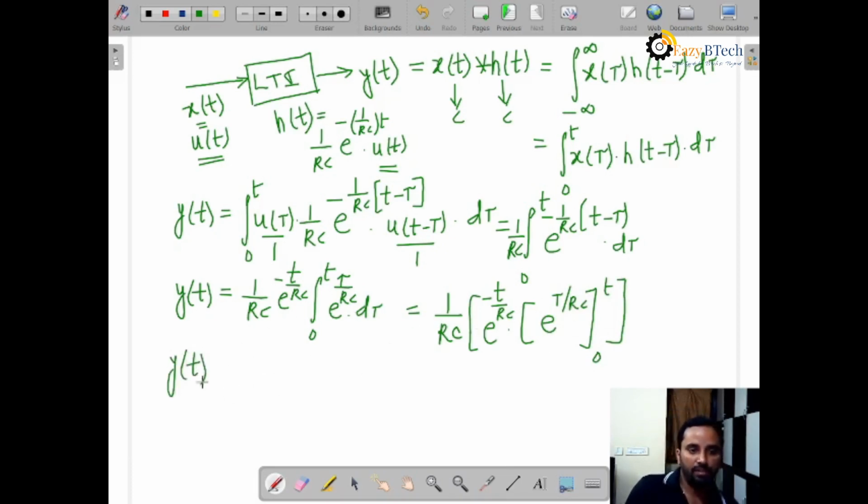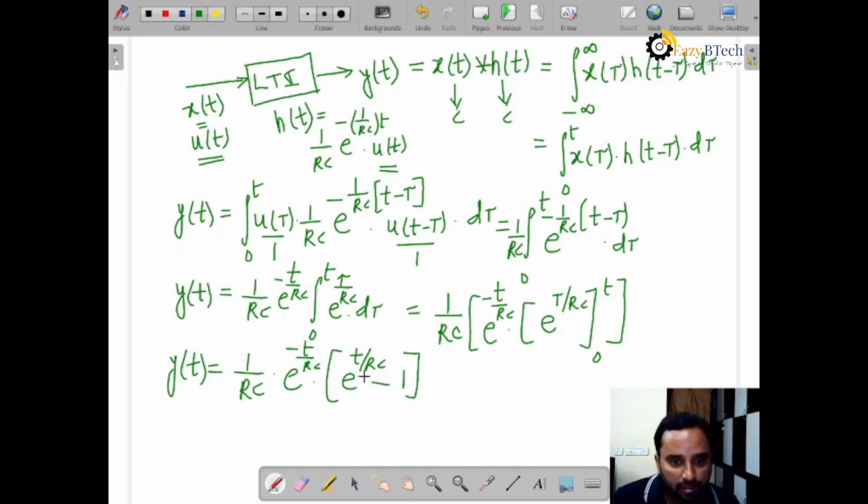So apply upper and lower limits, just simplification mathematically. So y of t will become 1 by RC e to the power minus t by RC, upper limit here plus t, so e power t by RC, and lower limit is 0, e power 0 will become 1. Right? Now we can multiply this inside, e power minus t by RC, e power plus t by RC.